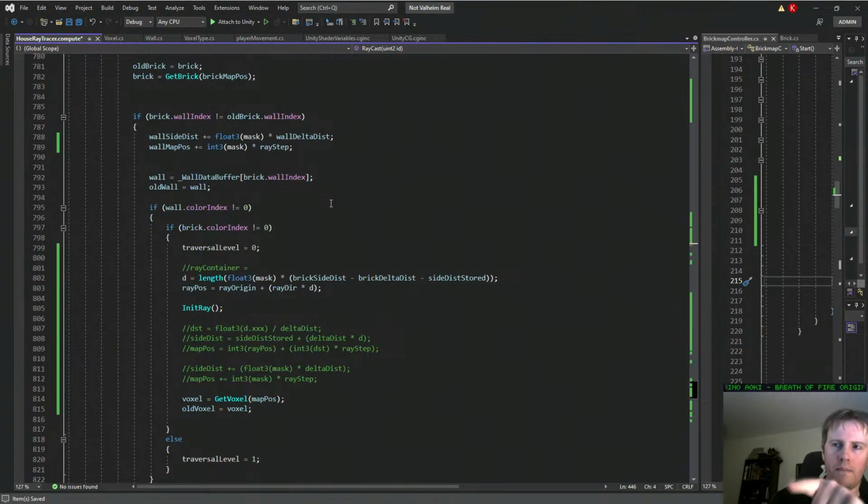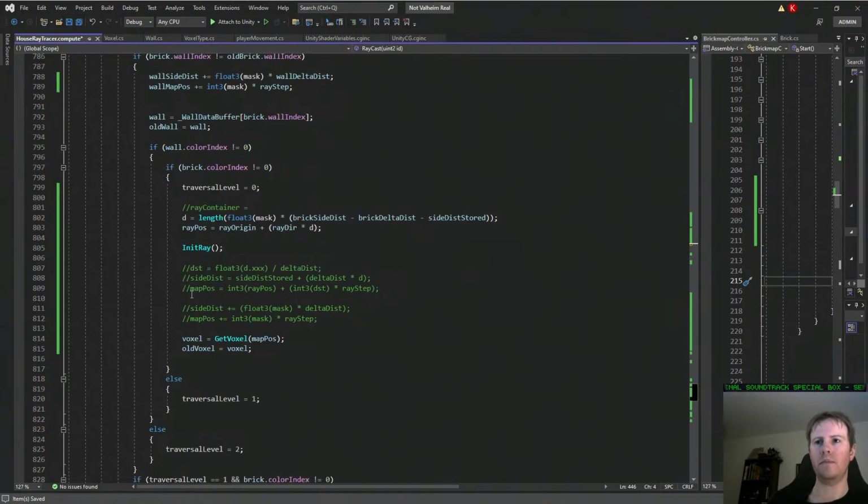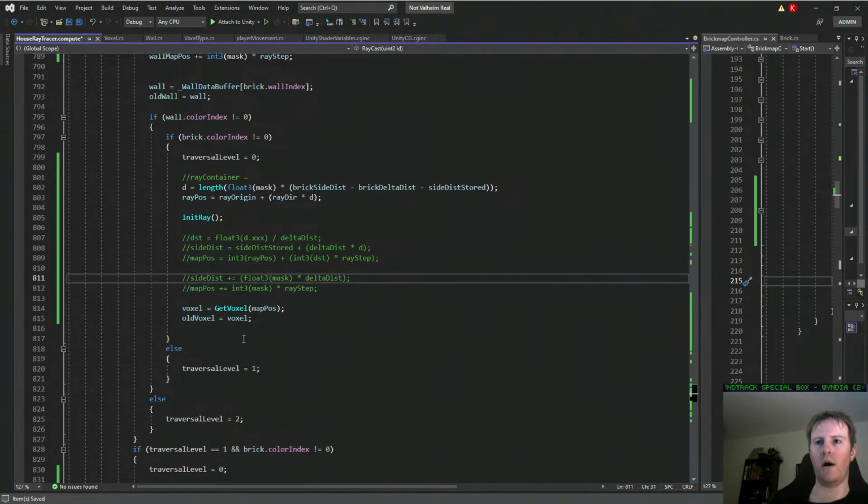What's happening here now, and it gets really, really annoying, is that because I recreate the ray, well, let's be real, I am recreating the ray, and that means that... No, it's not guaranteed.